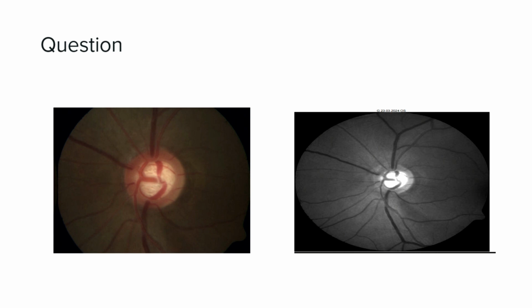There is an inferotemporal slit-shaped wedge defect. What is a slit-shaped wedge defect? It's a wedge defect. Can you make out that the inferior rim is thinner than the superior rim? Yes, ma'am. There is peripapillary atrophy temporally, and there's no disc hemorrhage.